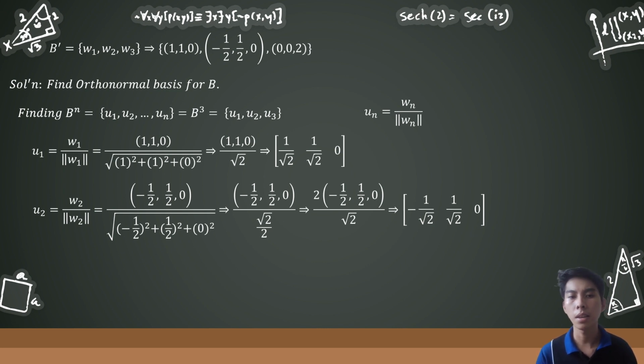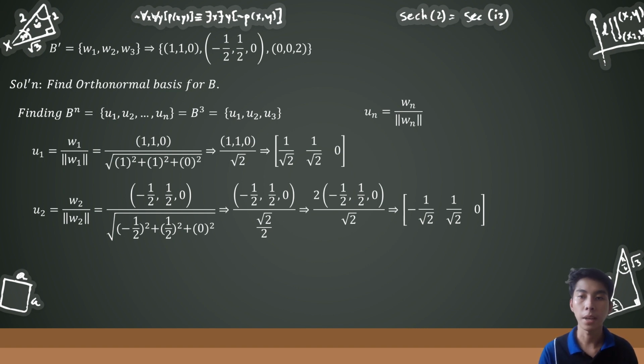Since we have fractions here, we simply bring the over 2 to the numerator, and the square root of 2 in the denominator. So we get 2 times the vector negative 1 over 2, 1 over 2, and 0, all over square root of 2.